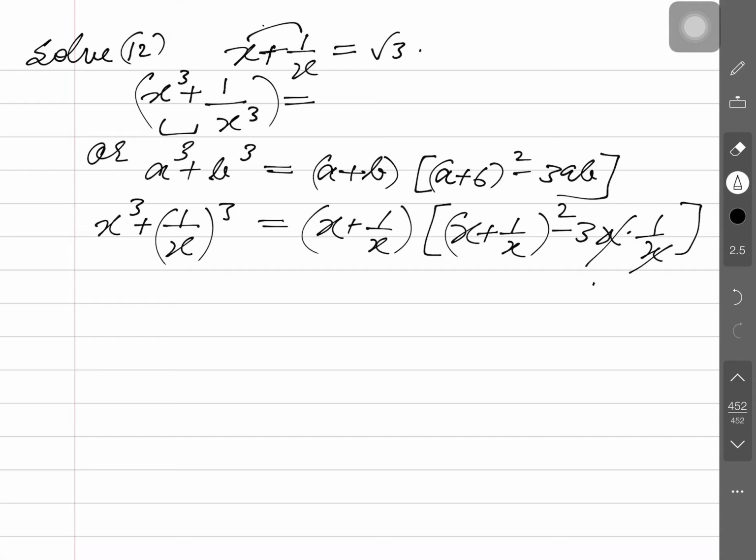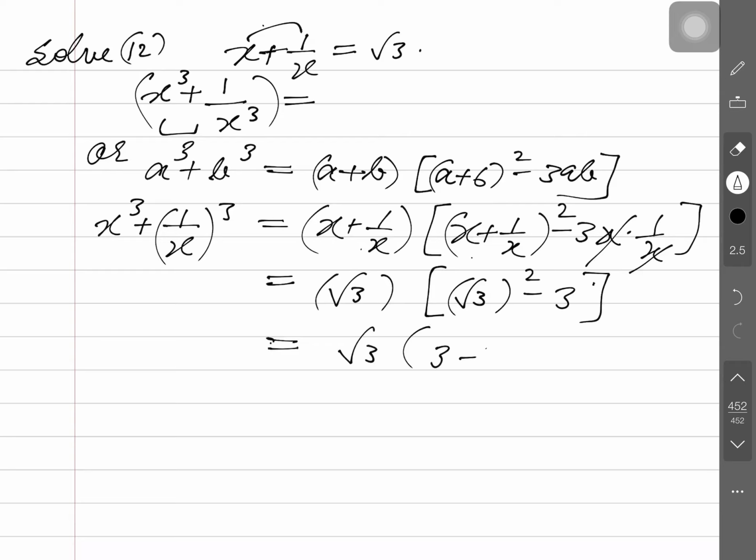The x cancels, and what is the value of x plus 1 by x? It's root 3. Root 3 squared is 3. Further, this is 3 minus 3, so what is that? 0. The answer here is obviously 0. The simplified expression is before you.